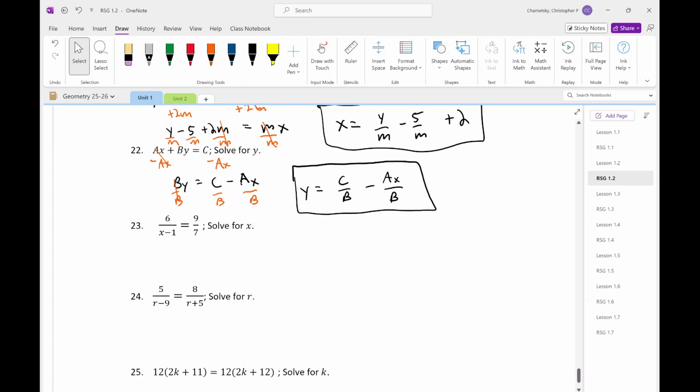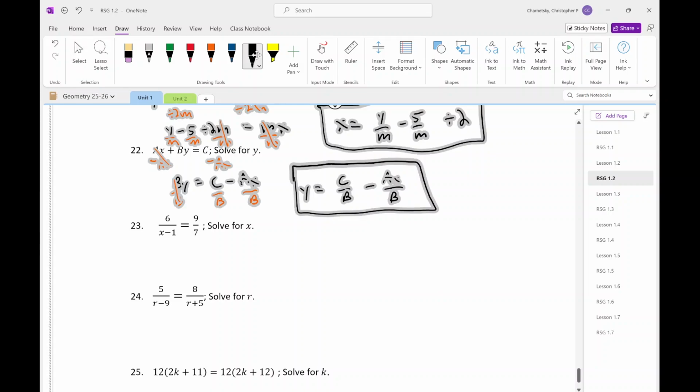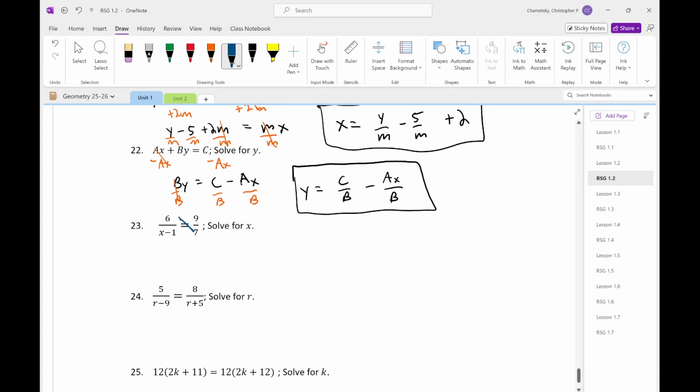23, we've got a proportion. So if I have a fraction equal to a fraction, the shortcut to solving that is to cross multiply. So I do 6 times 7 equal to 9 times x minus 1.